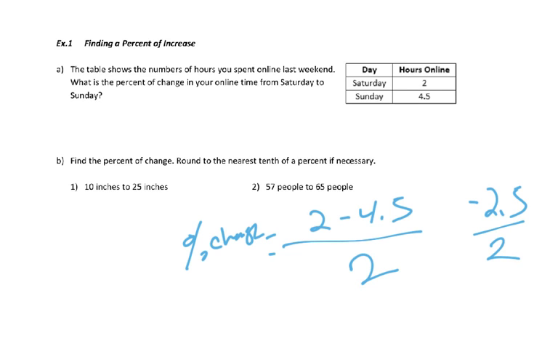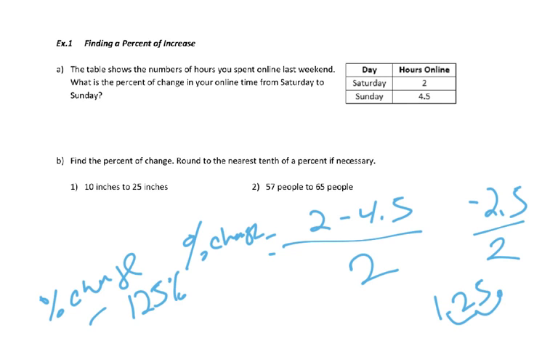So the percent change is going to be a negative number, and this is equal to 1 and 25/100. So remember, that means that you're going to move your decimal point 2 places to the right. So it's a negative 125% change, okay? And I was doing that from Saturday to Sunday up there.